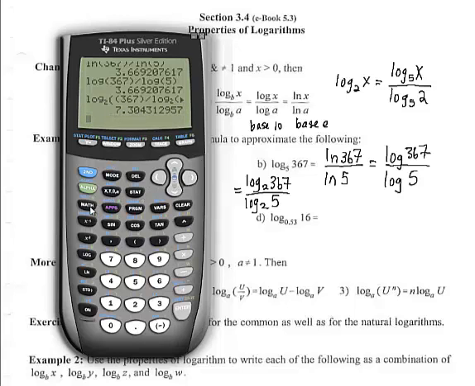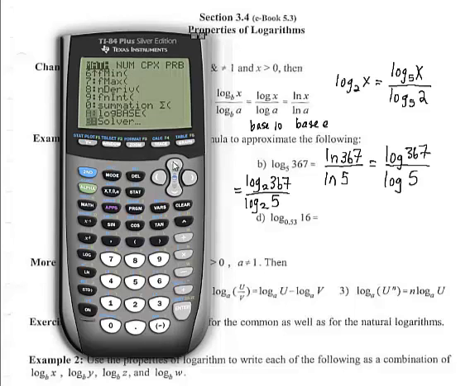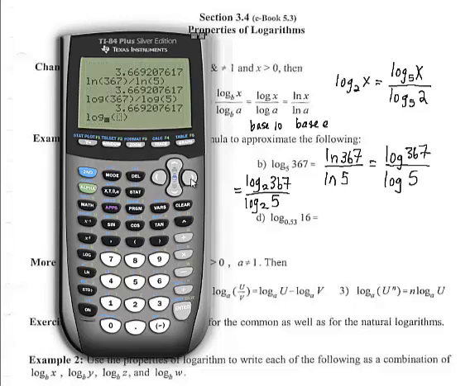So let me try that again. I'll remove that calculation, and I'll go back to my log base. We have 367, and we have 2 for our base, divide. And I think the problem showed up when I used the log base function. It automatically put in some parentheses for me.